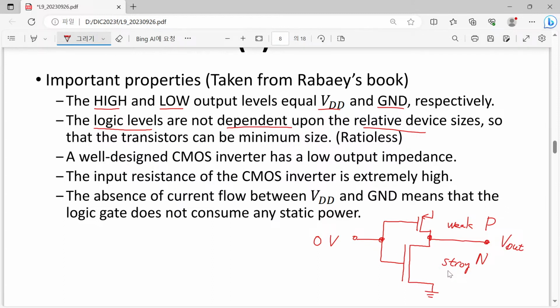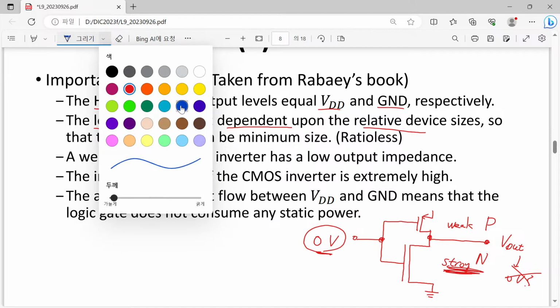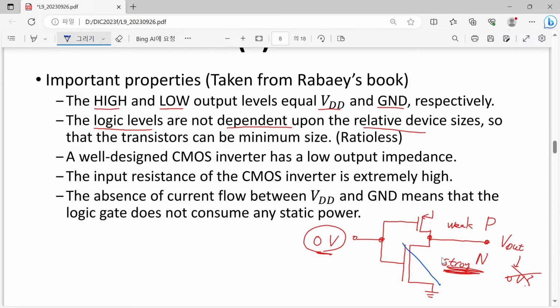Okay, since the N MOSFET is quite strong, even in the case of 0 volt, do we have 0 volt? Actually, not. Although this is 100 times larger or stronger, this 0 volt completely, perfectly shuts down this strong N MOSFET.